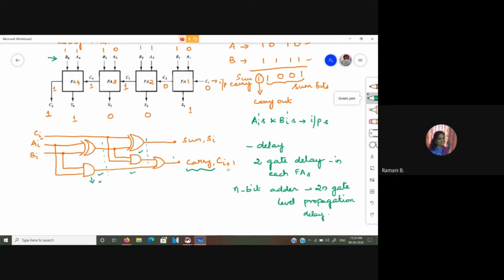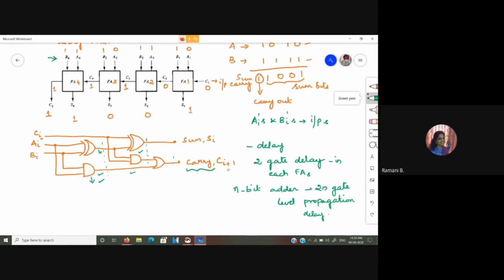However, the output of this particular AND gate has to wait for this XOR gate output. Correct? Yes, ma'am. So there is a delay. Here it is waiting for this particular output and then this particular output. Only then you can get the final carry. Okay. So there is a 2-level gate delay over there. That is for a single full adder.